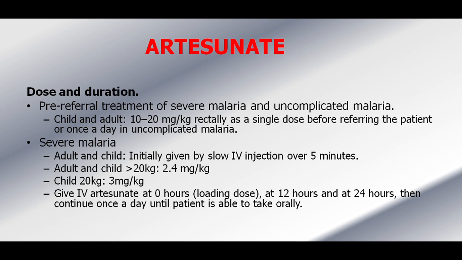If it's a child that is less than 20 kilograms, you're going to give 3 milligrams per kilogram body weight. Give IV artesunate at 0 hours, that is known as the loading dose, then at 12 hours and at 24 hours. If there is no improvement, continue with the treatment once a day until the patient is able to take oral medication.